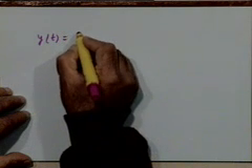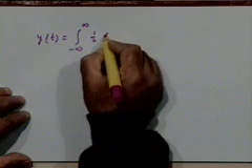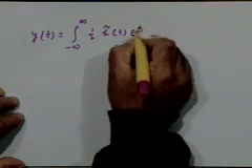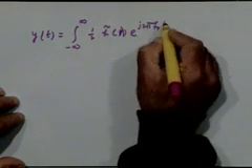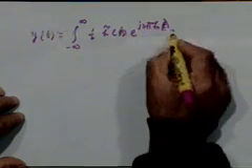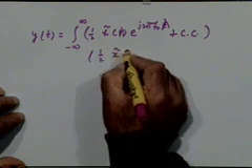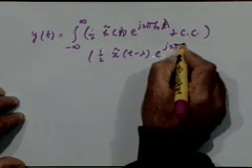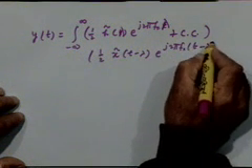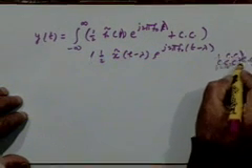So y of t is, I substitute for half h tilde lambda e to the power j 2 pi f naught lambda plus its complex conjugate, into half x tilde t minus lambda e to the power j 2 pi f naught t minus lambda plus the complex conjugate of this, into d lambda.